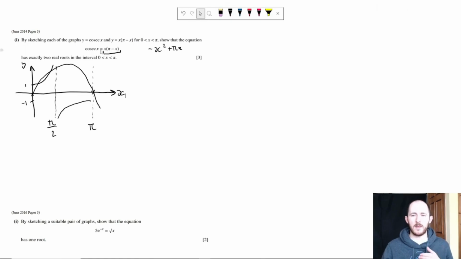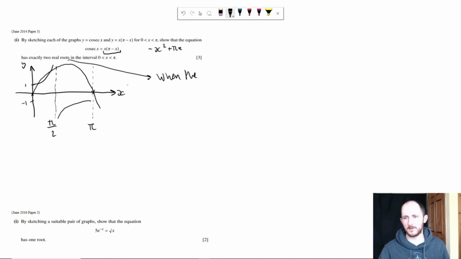Well, we're looking for when these graphs are equal. Now, if you're looking for when 2 graphs are equal to each other, that means it's when they intersect. So 2 real roots in this instance is when the 2 graphs intersect.